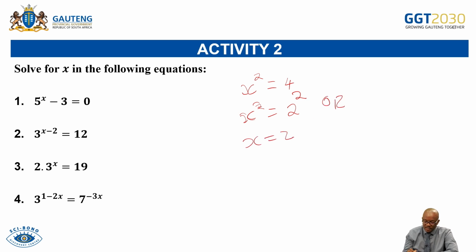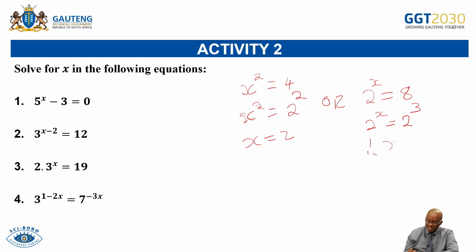Or we dealt with it when we have the base of 2 with the exponent of x equal to, for instance, let's say 8. We know that we can make the base the same by saying 2 to the exponent of x is equal to 2 to the 3, as we're looking for the prime factors of 8.